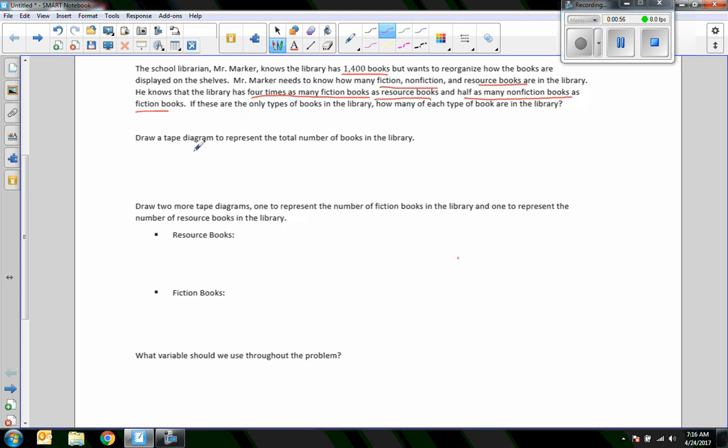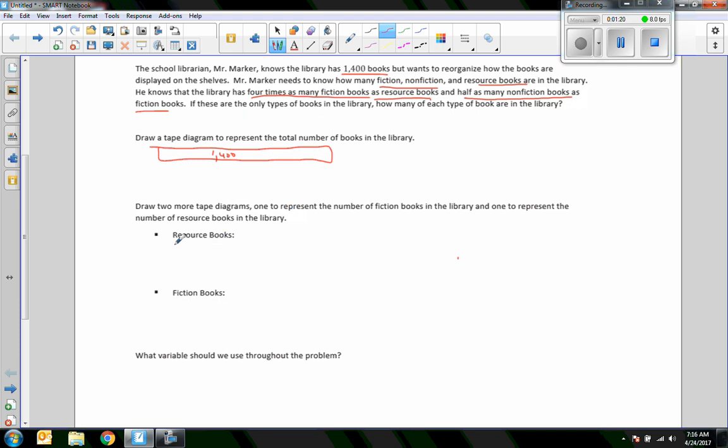Draw a tape diagram to represent the total number of books in the library. Okay, so the tape diagram would simply be a diagram of a piece of tape with 1,400 being its value. Now it says draw 2 more tape diagrams, one to represent the number of fiction books in the library, and one to represent the number of resource books in the library.